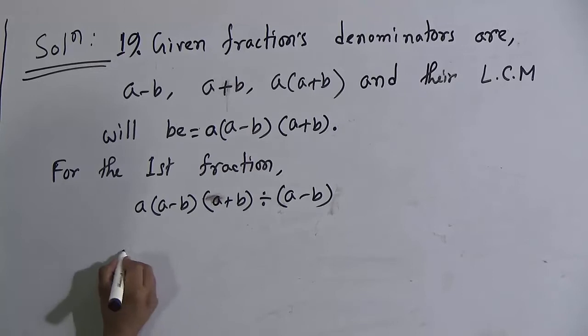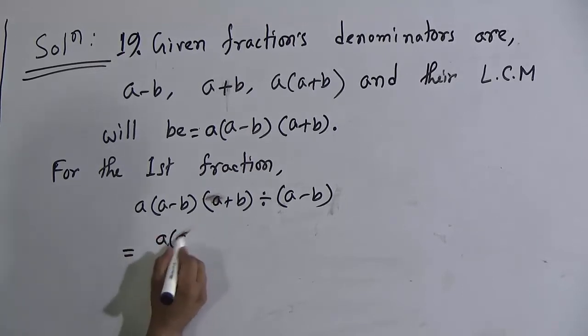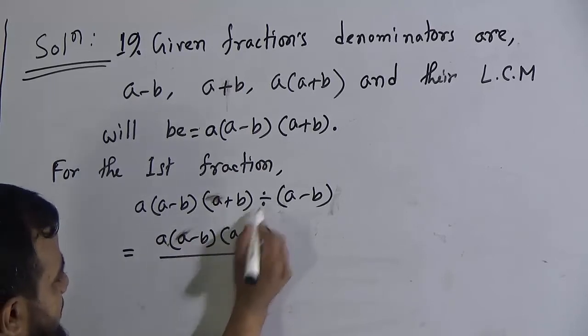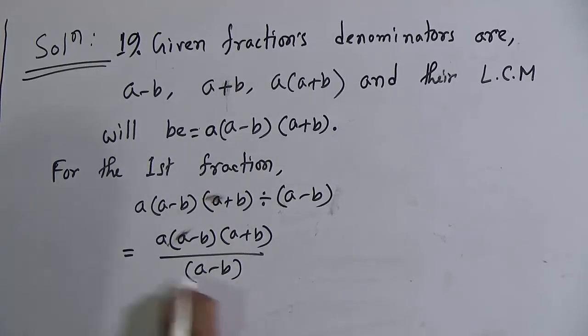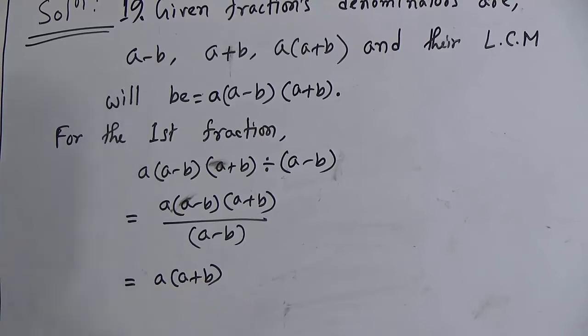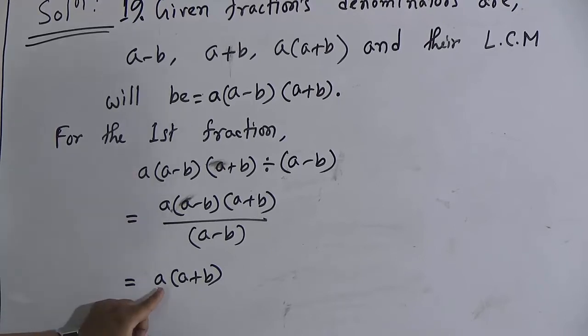So what would be the result? It's a into a minus b into a plus b, divided by a minus b. That means we can cancel a minus b from the numerator and the denominator. We will have a into a plus b.